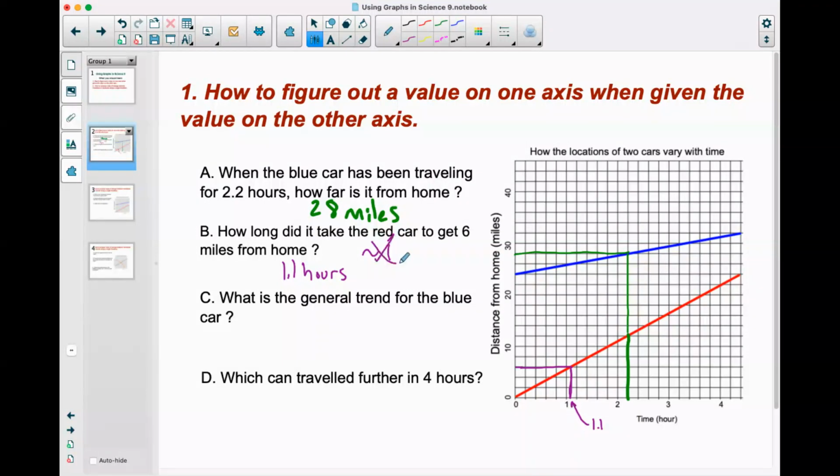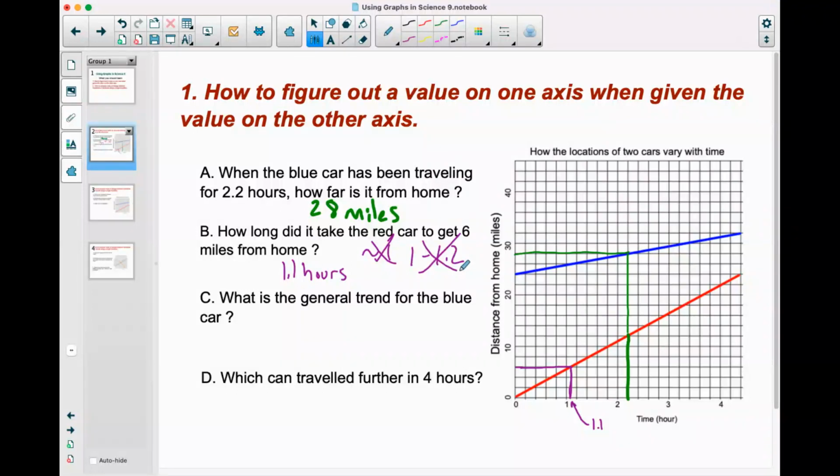We don't want you to say that either. 1.1 hours is the proper answer. Now, if you said 1.15 or 1.17, anything like that would be okay as long as it's less than 1.2 and more than 1.